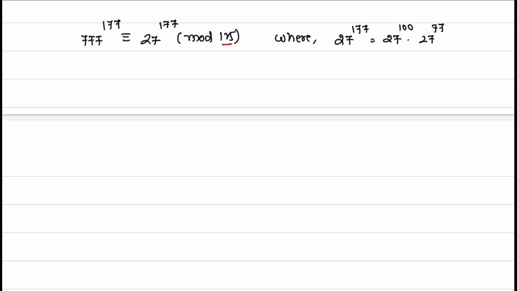Here again we will try to use the Euler theorem. When mod 125 is there, N is equal to 125, that is equal to 5 cube, which implies phi of n is equal to 125 into 1 minus 1 by 5, that is equal to 100.